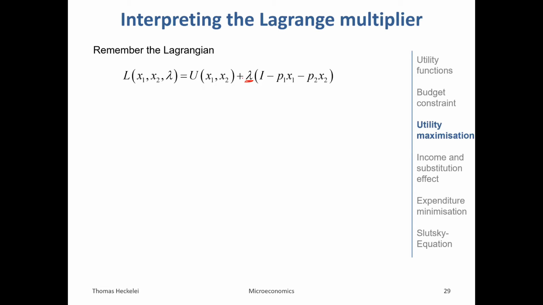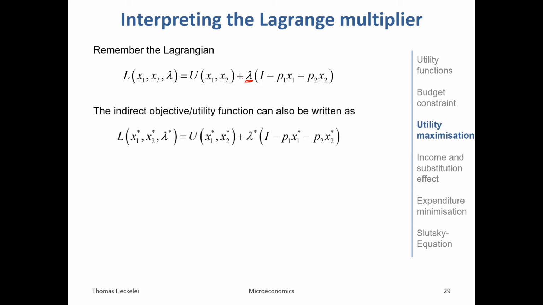So once we have solved for x1 and x2, the utility maximizing level as a function of income and prices, technically, like with the utility function, we could also have the indirect Lagrange function, right? By plugging in this Marshallian demand function and the optimum lambda function in the Lagrange function.